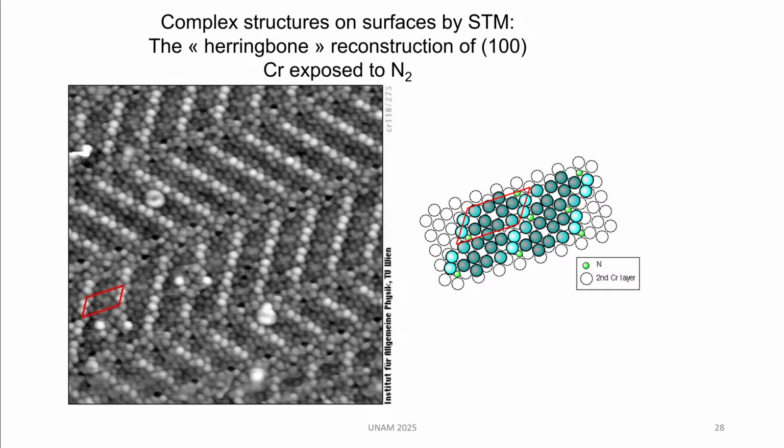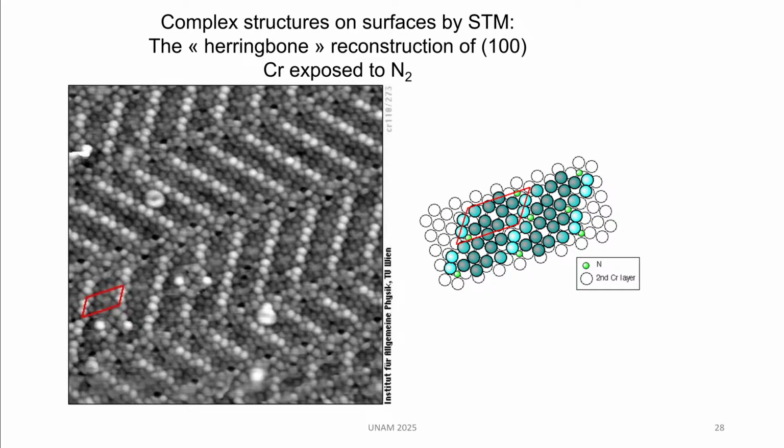Mostly these are still chromium atoms with a few nitrogen atoms here. And this is the reconstruction with the unit cell with the chromium atoms in various layers, higher or lower, deeper in the surface, and with the nitrogen atoms that contribute to the structuring here.